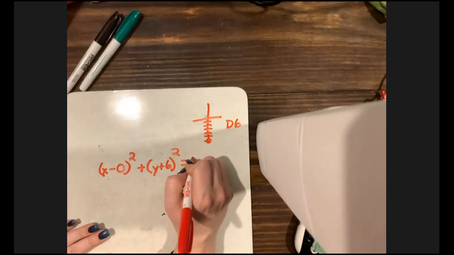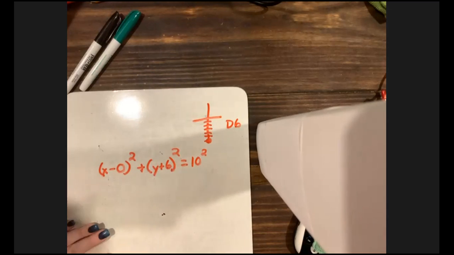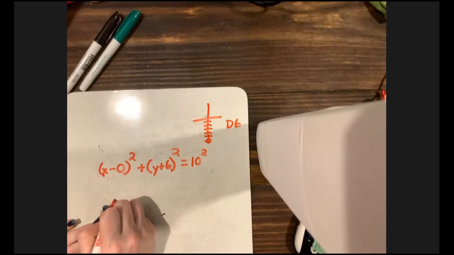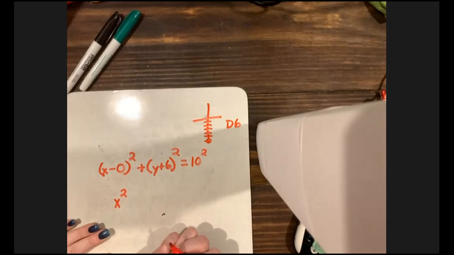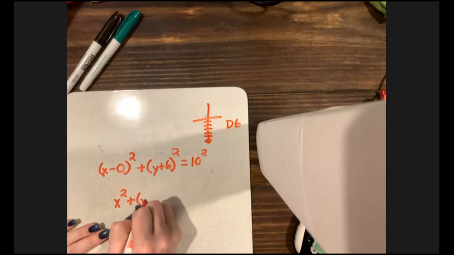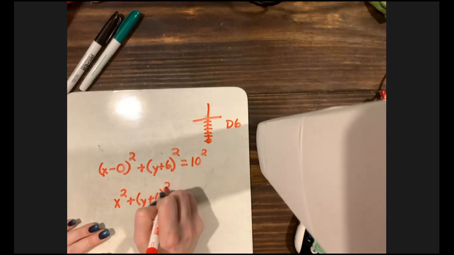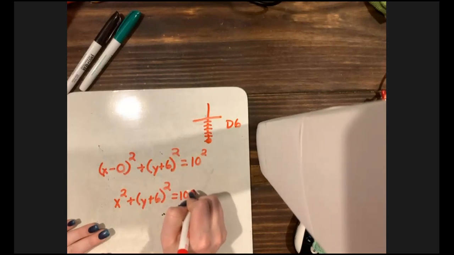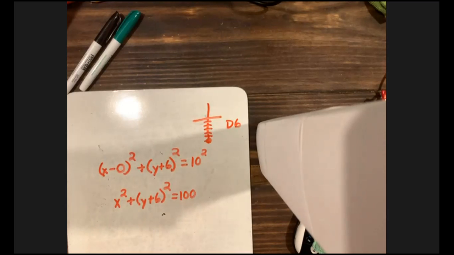And then over here, we have our radius squared, and our radius was 10. So the way we would probably see this would be they would just go x squared, because I don't need the minus 0 in there. We're going to leave this other part since they did want it in standard form. And then they're probably going to go ahead and square that number and say that it is 100. Okay.